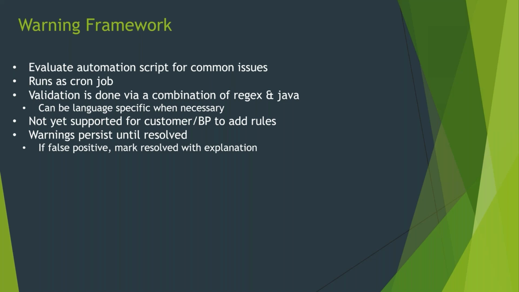Today, we don't support customers or business partners being able to add additional rules. That is definitely something we want to do. You're going to have your own settings. An example that we don't have out of the box that you may want to warn on is something like a count. For those that aren't aware, doing an MBO set count adds potentially some overhead because it executes another database query.